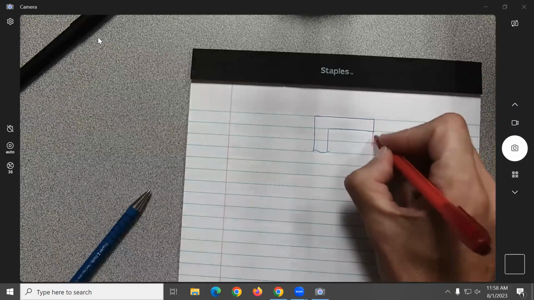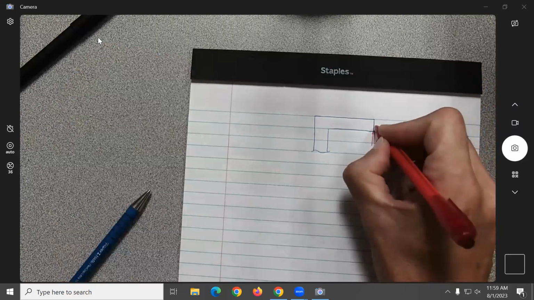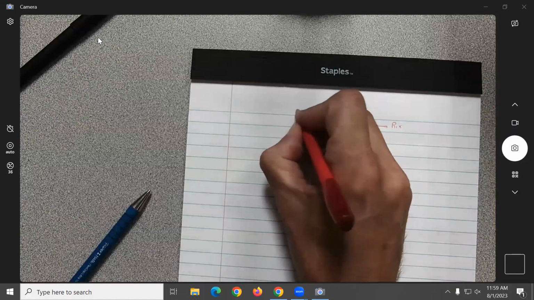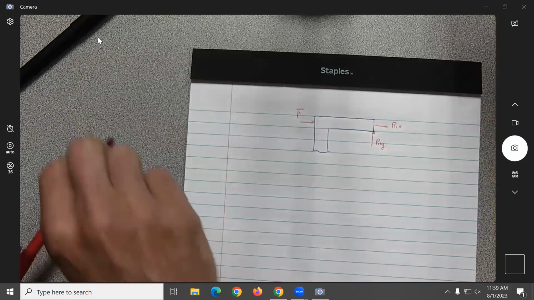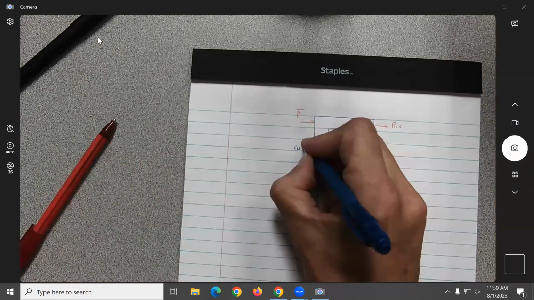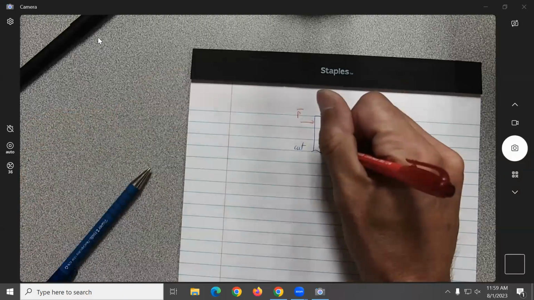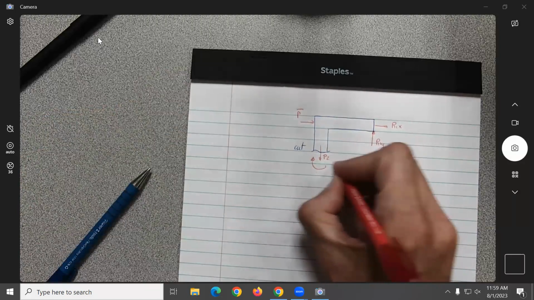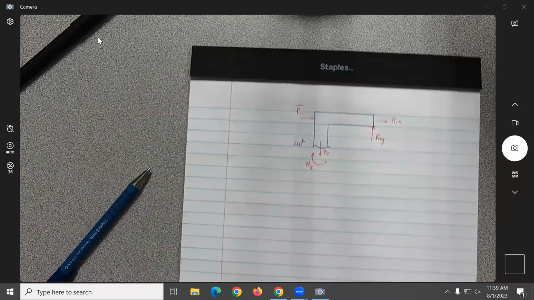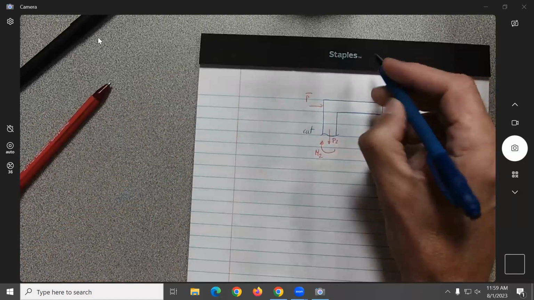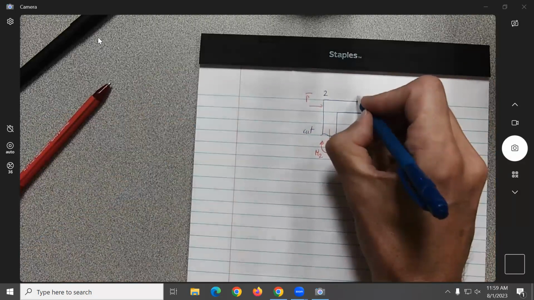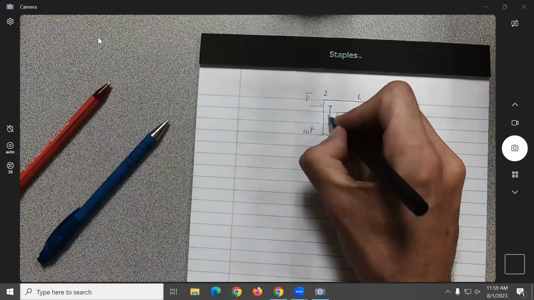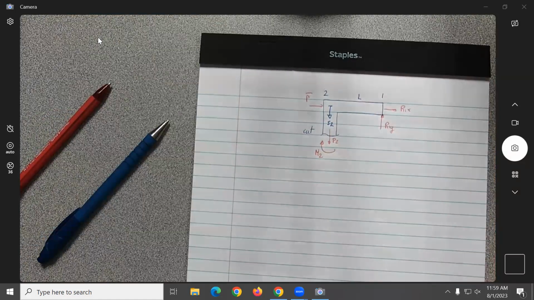So let's see, here we have R1Y, R1X, P bar. This is our cut. We're gonna have P2 and M2, same as before, no? Okay, 1, 2, this will be L. And now let's say this will be here the distance S2.